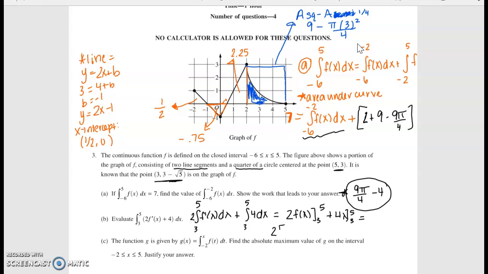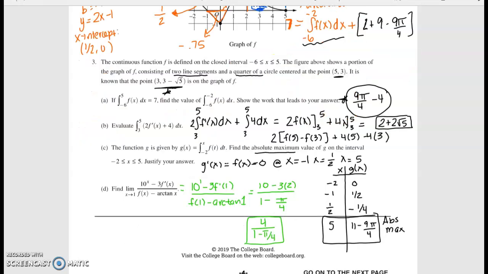So we're going to be doing 2 times f of 5 minus f of 3 plus 4 times 5 minus 4 times 3. You are going to get a final answer of 2 plus 2 at 5. To find f of 3, guys, you need to use this coordinate right here.